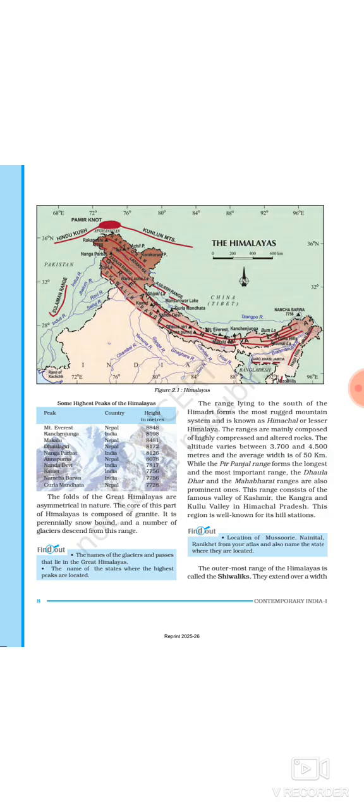The altitude varies between 3700 and 4500 meters, and the average width is about 50 km. The Pir Panjal range forms the longest and the most prominent range. Dhauladhar and Mahabharat are also prominent ranges of this Himalaya.